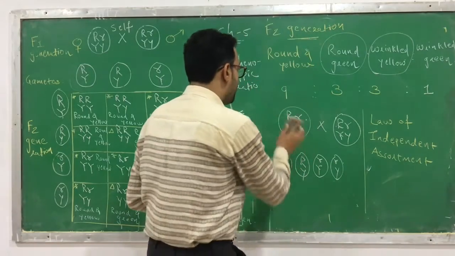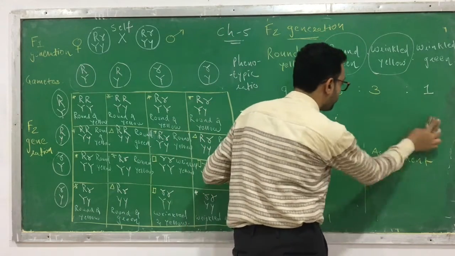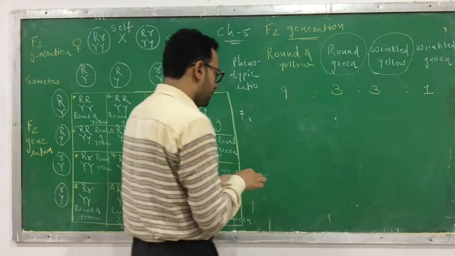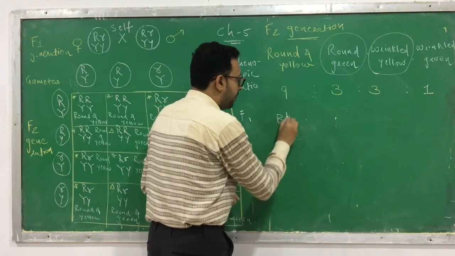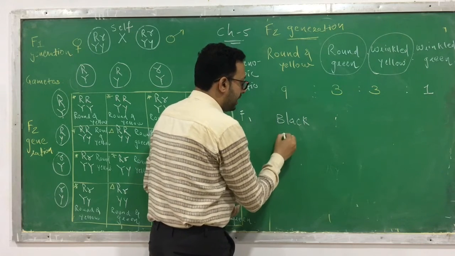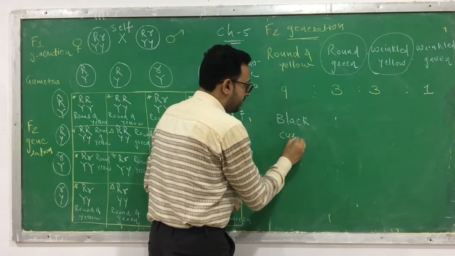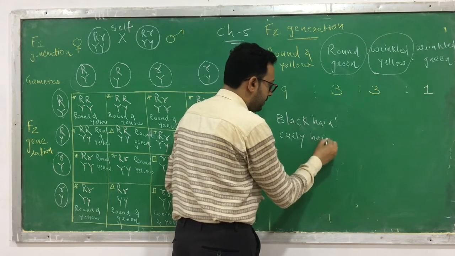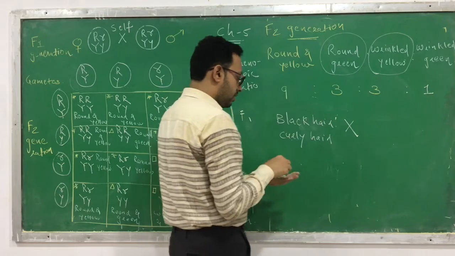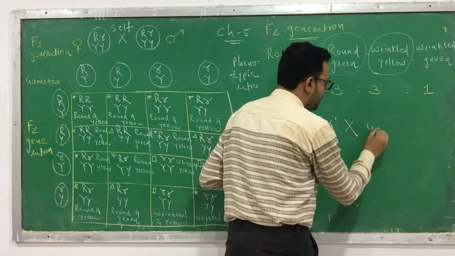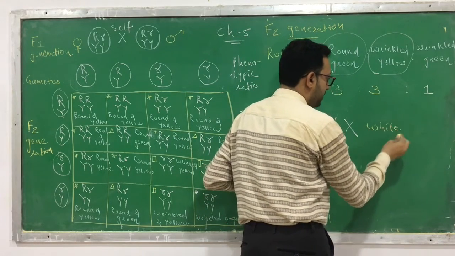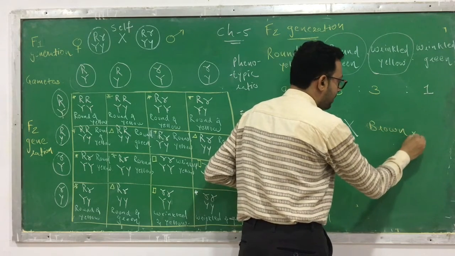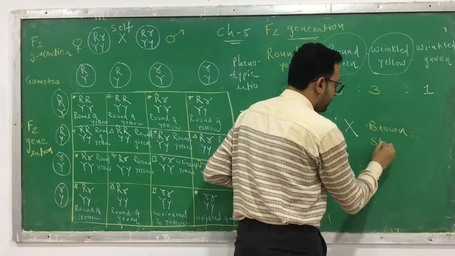Suppose one boy with black hair and curly hair marries a girl with white hair, or instead of white I am writing brown hair and straight hair.